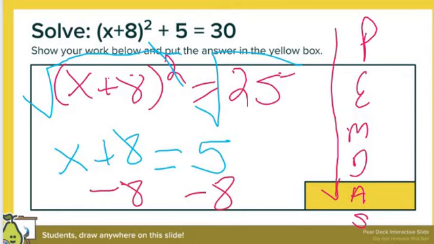And so our final answer is x equals -3. All right, so complete the problems and submit, and that's the activity for today. All right, best of luck. Bye bye.